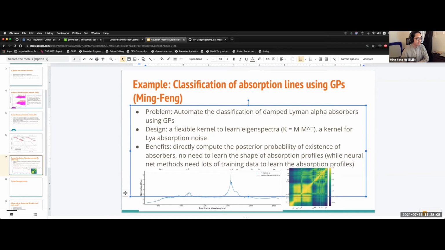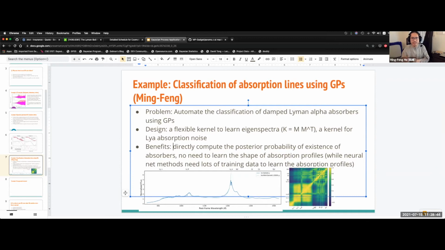The benefit is that there's another model using a neural network to classify the same object we want to classify. But the difficulty of the neural network is that it needs a lot of absorption profiles to train its filter to know what the absorption profile looks like. For our model, we didn't train the absorption profile. We just inject the absorption profile from the atomic physics.